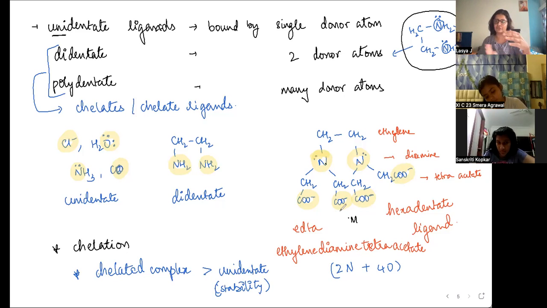So if the coordination number is 4, it's kind of balanced in its structure that way. So chelated complexes are good, they're important, and they are more stable than unidentate ligands. Okay, rest of it is pretty simple.